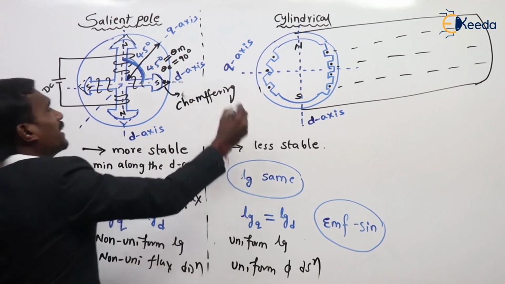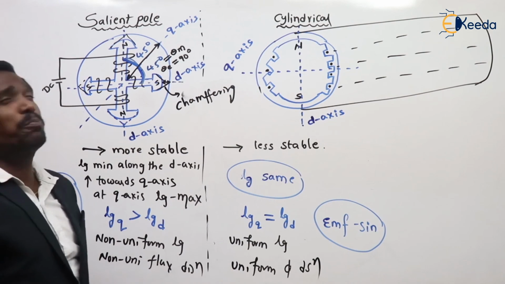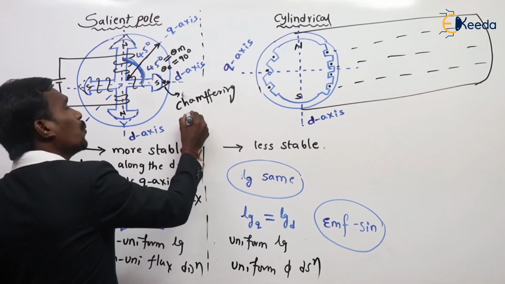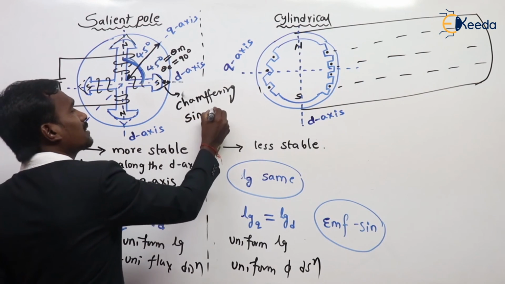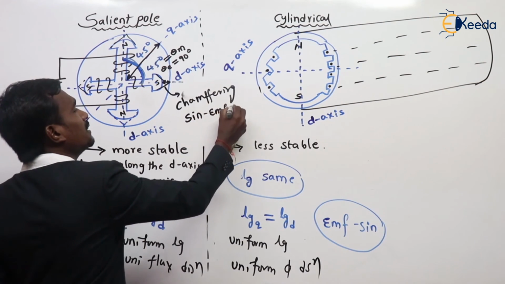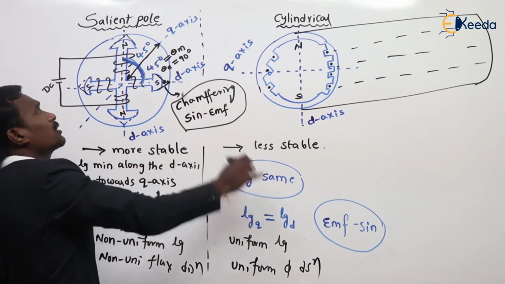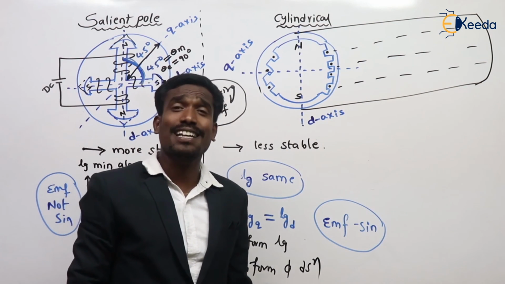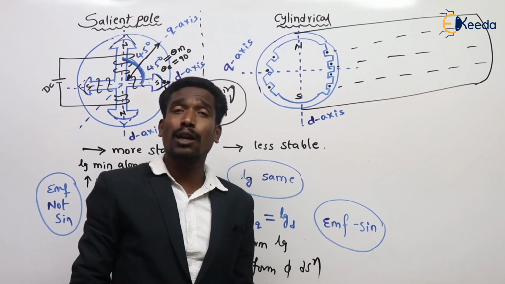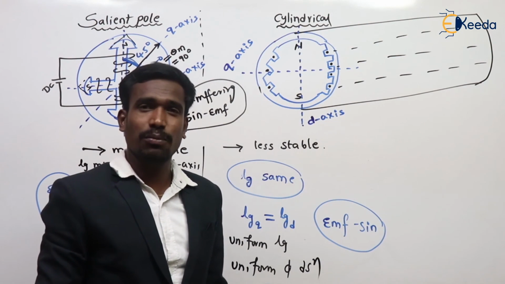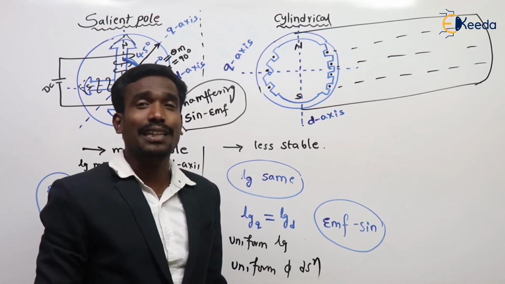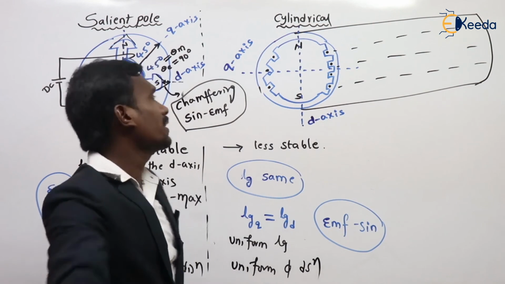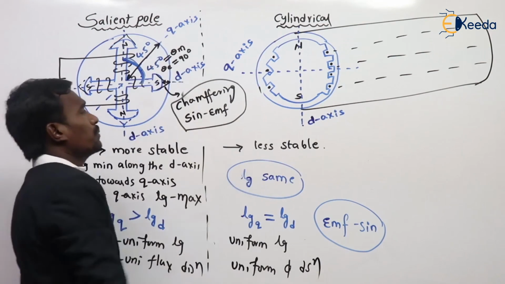By chamfering the salient poles, we can get a sinusoidal EMF. This is a small change in salient pole type. They will ask you a question: chamfering is required in induction machine, DC machine, salient pole synchronous machine, or cylindrical pole synchronous machine? The answer is salient pole machine.